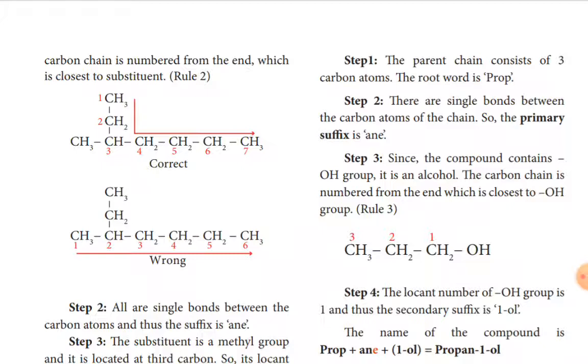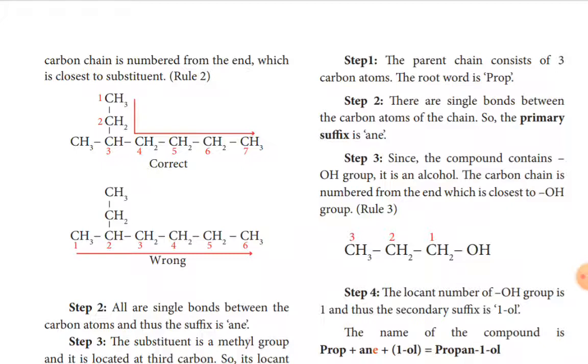So we have to identify the carbon skeleton which gives the longest chain. The other pattern is wrong because it gives only 6 carbon. The above pattern gives 7 carbon, which is the longest. So we are going to take the above one, that is the correct way of numbering the carbon atoms.